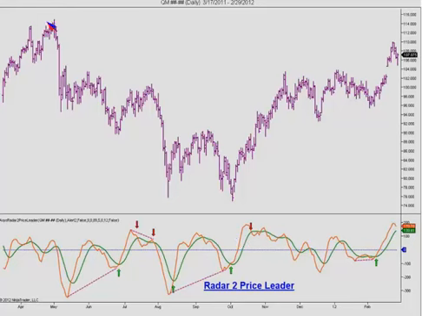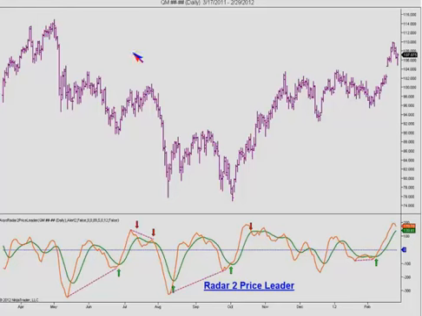Here you can see we're in a nice downtrend on this futures chart, and at this point in time we're seeing a nice divergence form as the price is making higher highs and our Radar 2 Price Leader is making lower highs. So at this point I'm licking my chops saying we're in a downtrend. I have a bearish pivot divergence.